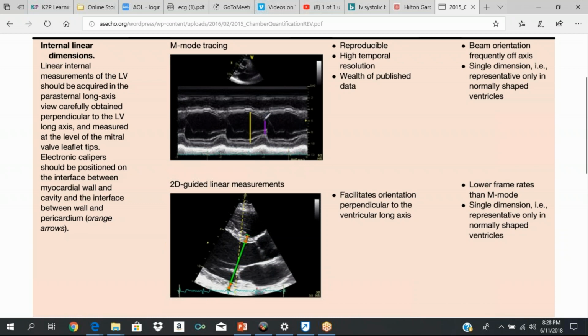So the lowest portion of the septum is when it contracts fully in systole. And then you just come down to the posterior wall, because the posterior wall is going to move up because the heart contracts in systole. So this would be your systolic dimension, diastolic dimension, okay?